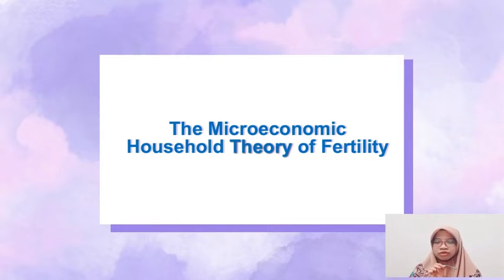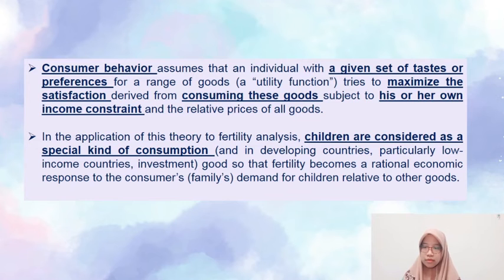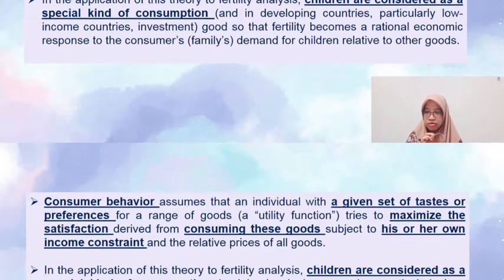Today I'm going to talk about the microeconomic household theory of fertility. Consumer behavior assumes that an individual with a given set of tastes or preferences for the range of goods tries to minimize the satisfaction derived from consuming these goods, subject to his or her own income constraint and the relative price of all goods.